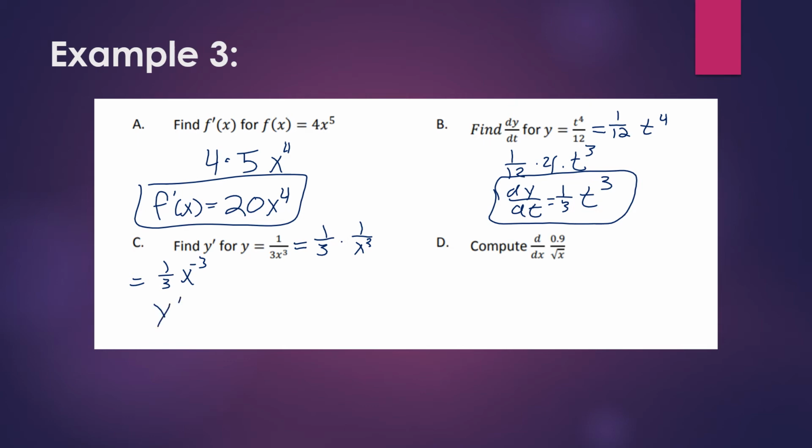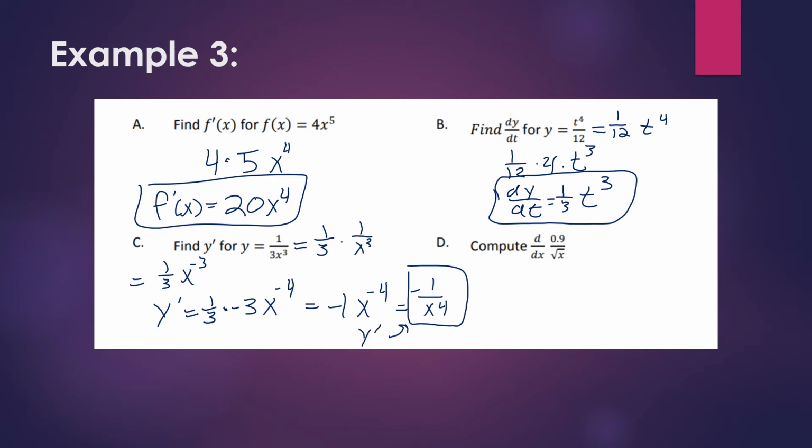So y prime, the 1/3 will stay there, times -3 x to the -4. 1/3 times -3 is -1 x to the -4. If you want to, you can put that back in the denominator. I won't make you, because if we're going to take a derivative again, having it as a negative exponent will make it easier. But if you want to, your final answer could be -1 over x to the 4. And that would be y prime.